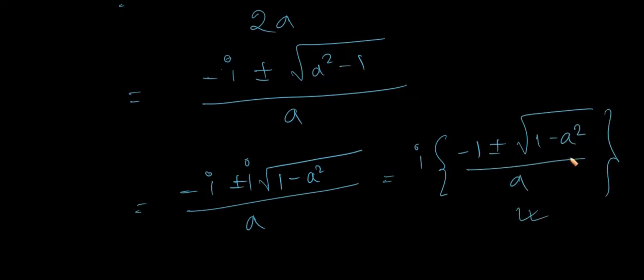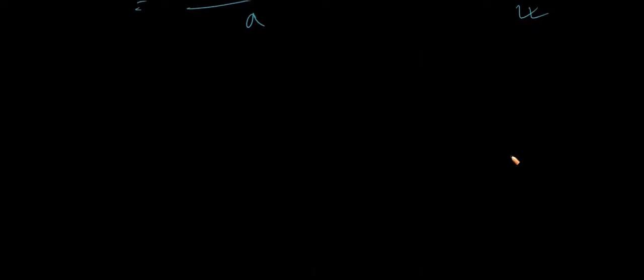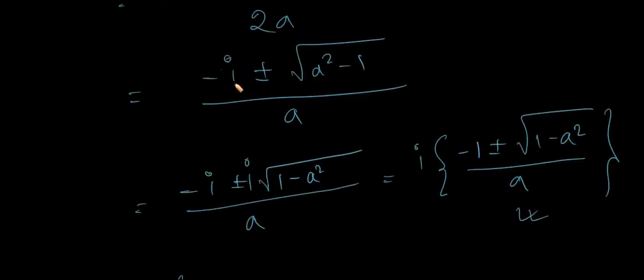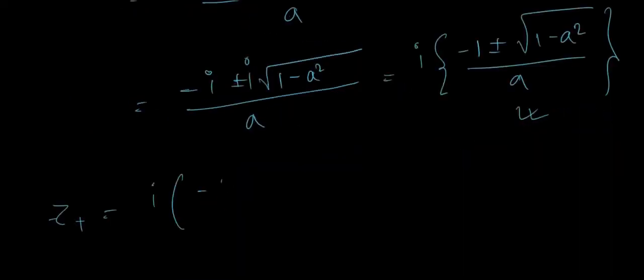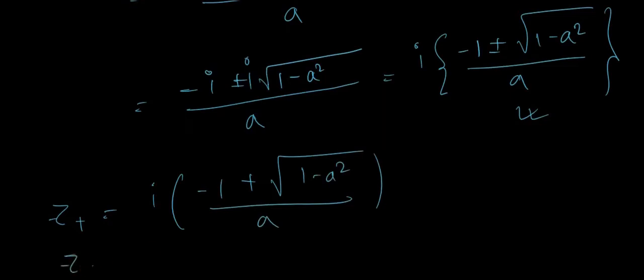So there are two poles, one comes with a plus sign, one comes with a minus sign. Let's call the plus one z plus, which is i times minus 1 plus square root of 1 minus a squared, over a, and z minus, which is i times minus 1 minus square root of 1 minus a squared, over a, like this.